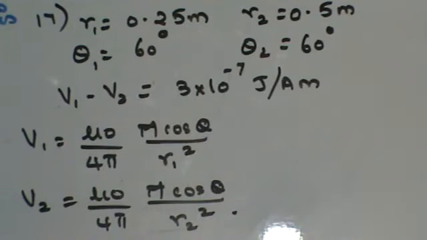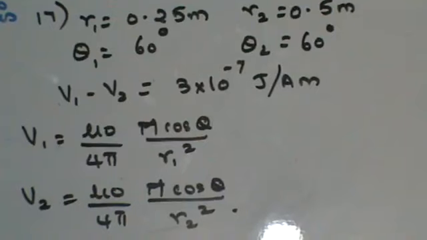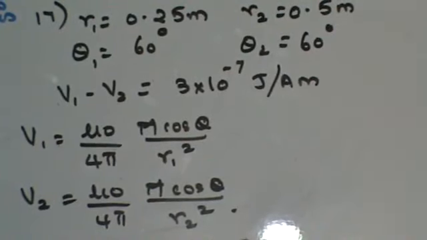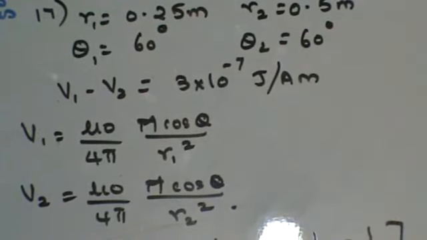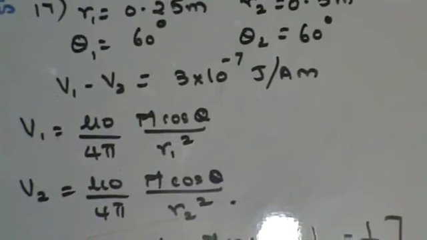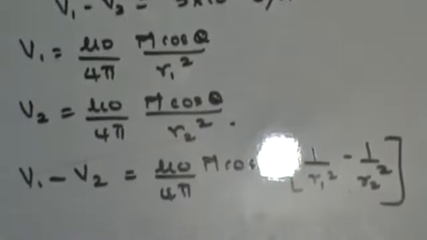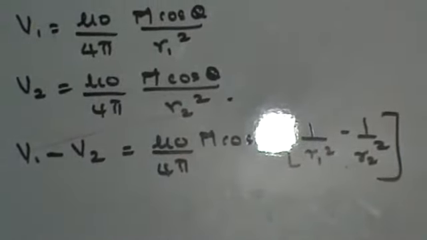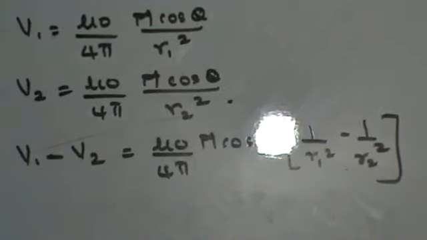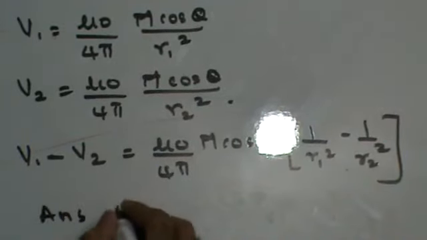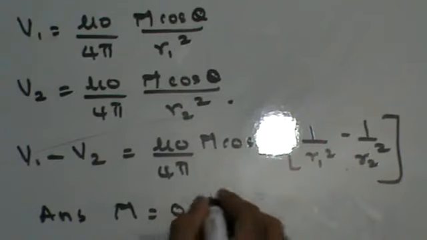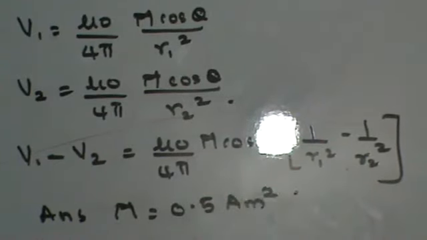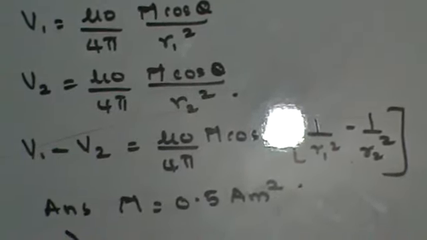They give me that V1 minus V2 will be nothing but mu 0 upon 4 pi, m cos theta common, times 1 upon r1 square minus 1 upon r2 square. V1 minus V2 is given to you. The only unknown in this equation is going to be m, the magnetic dipole moment. You should get the answer for this. The answer for this sum should be m is 0.5 ampere meter square. Next, take down next sum, please.